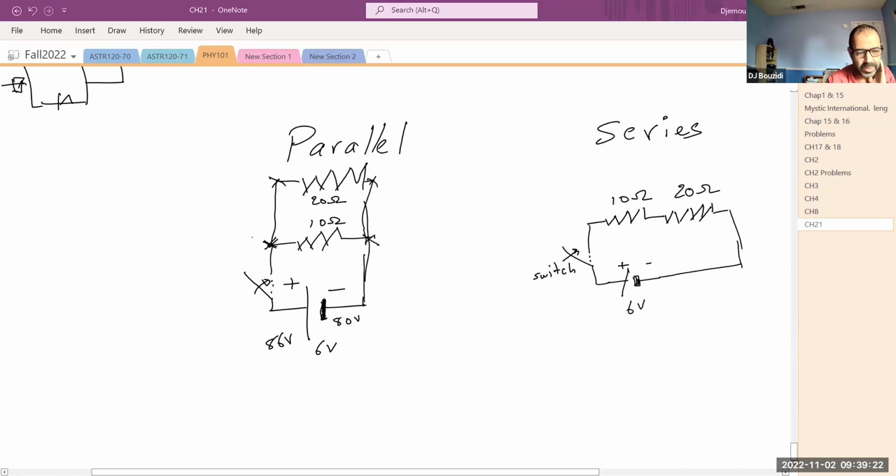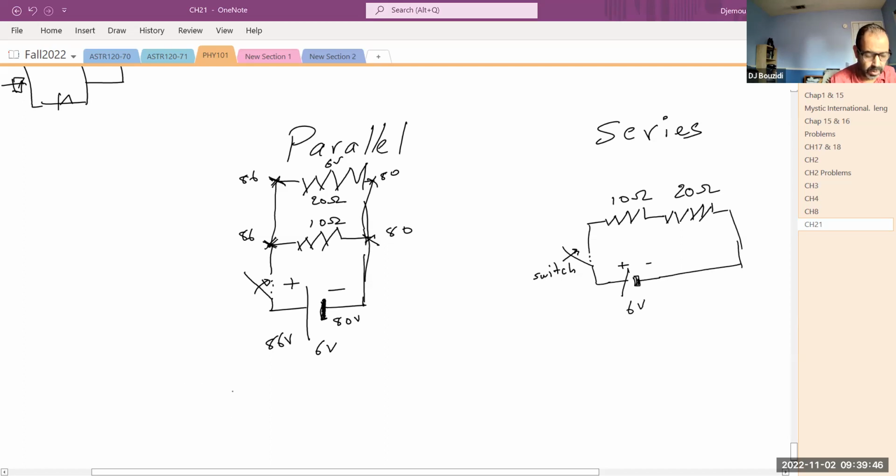So the difference in potential between this point, which is 86, and this point, which is 80, is 6 volts. And the difference between this point in here, which is 86 also, because this entire line, when it's connected, is the same voltage, and this entire line everywhere is 80. So in this case also it's 6 volt. That's the key thing in here.